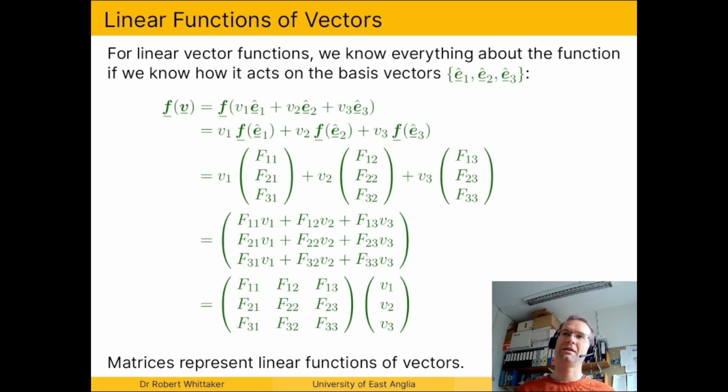And the 3 by 3 array we call a matrix, and then we have a rule for multiplying a matrix by a vector, which gives us exactly the components that we've got on the second to last line. So if and when you come across matrices, one way of thinking about matrices is that they represent linear functions of vectors. And these are really important for being able to work with vectors and being able to transform vectors, particularly in some of the applications that we'll look at.